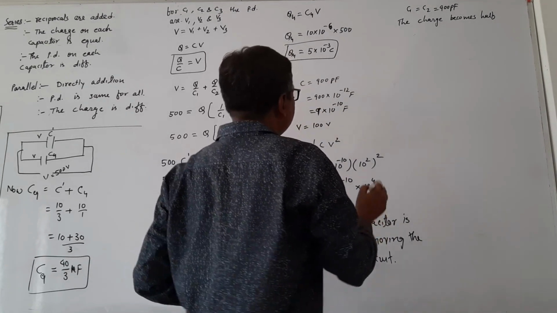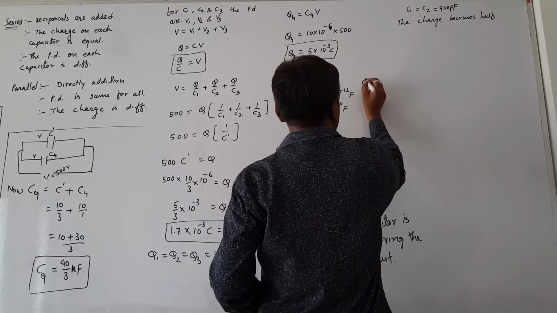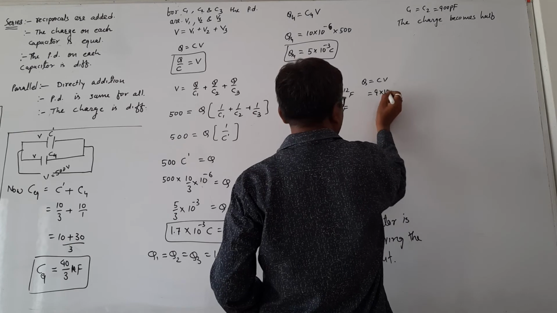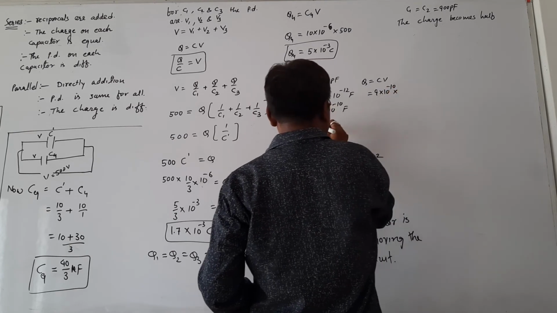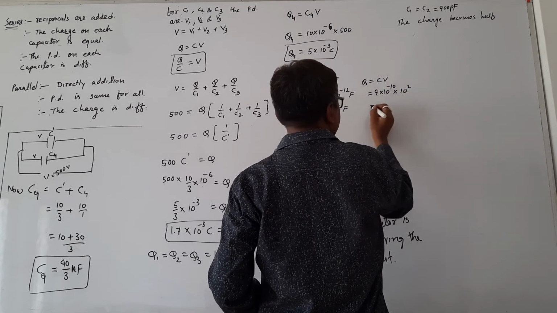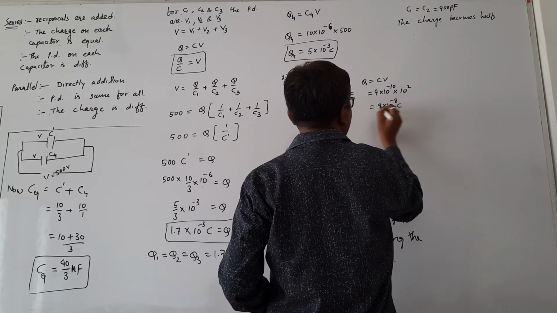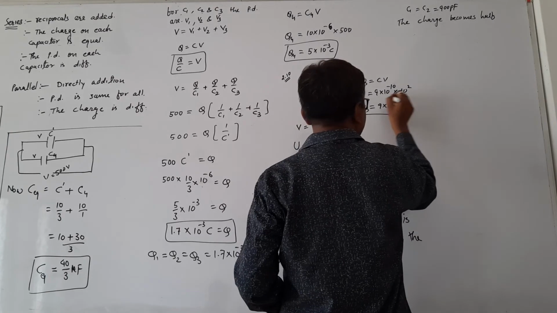here initially Q is equal to CV. C is equal to 9 into 10 raised to minus 10, and V is equal to 10 square. So it is 9 into 10 raised to minus 8 coulomb. That is your charge.